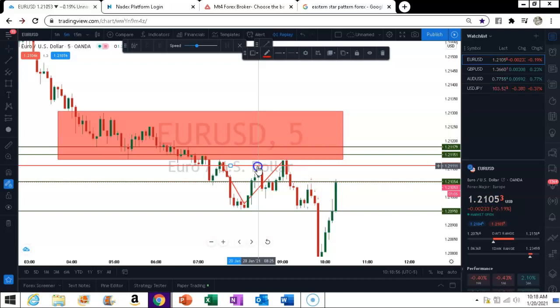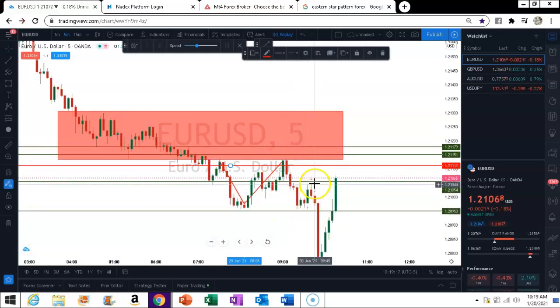Okay, so I took my trade here, and then I get out of my trade right here at the next resistance level. So price breaks through and closes and retests this level again and comes back down to this point right here of support.